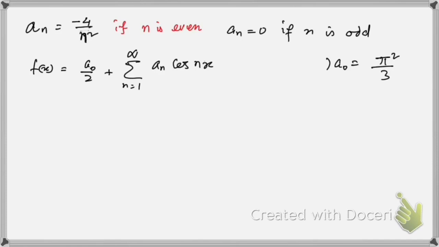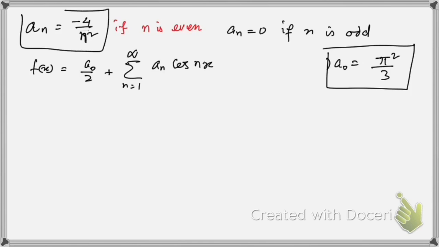Now if you put those values of a naught and a_n, then you will get f of x. In this case, f of x, our function, is x into pi minus x. That's what we have got.